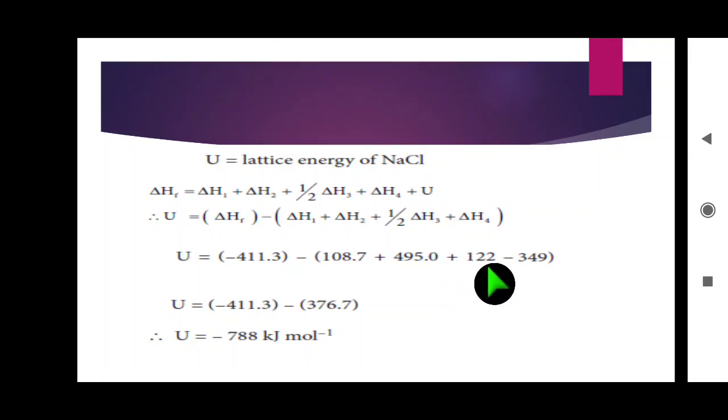Delta H3 is 244, and when we divide 244 by 2, 122 will come. Then delta H4 is minus 349. After the addition of these four values we get 376.7.